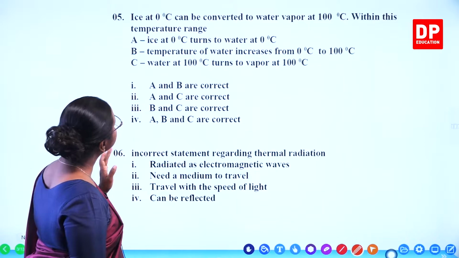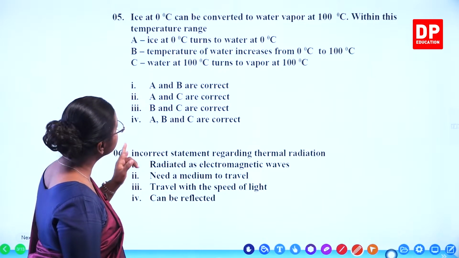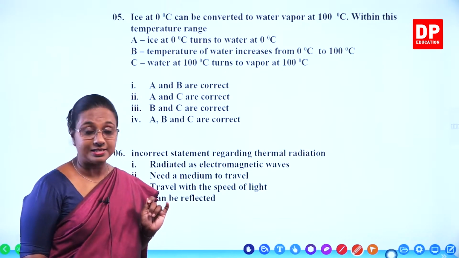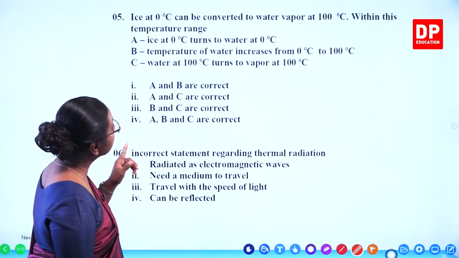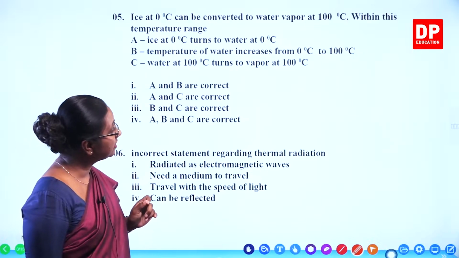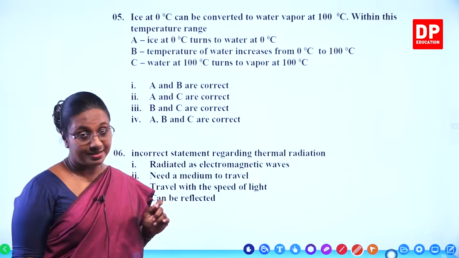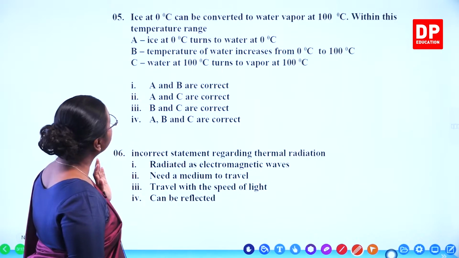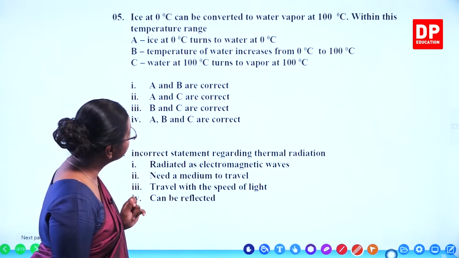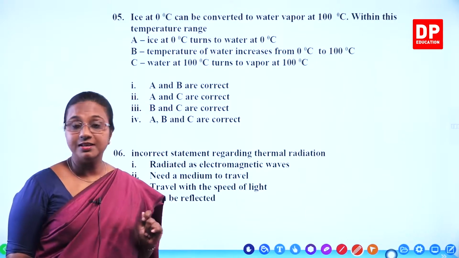A. Ice at 0 degrees Celsius turns to water at 0 degrees Celsius. That is correct. Then B. Temperature of water increases from 0 degrees Celsius to 100 degrees Celsius. That is also correct. And C. Water at 100 degrees Celsius turns to vapor at 100 degrees Celsius.